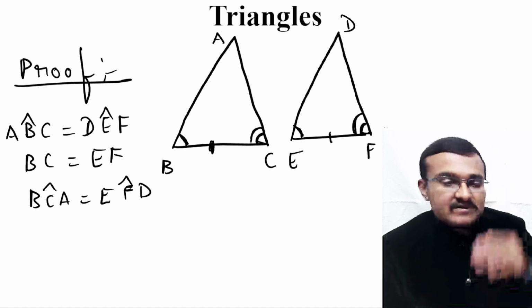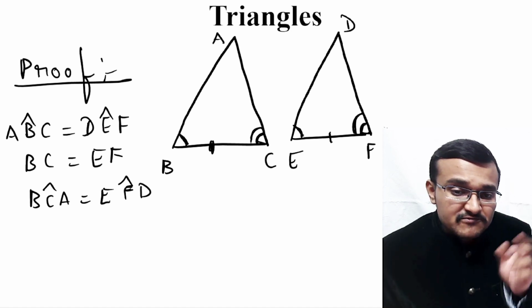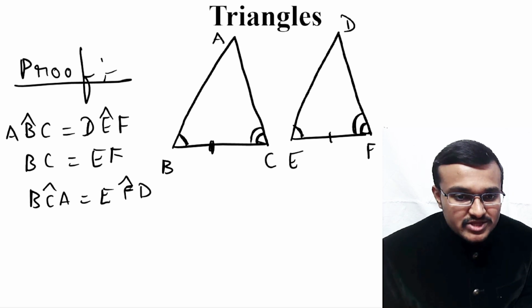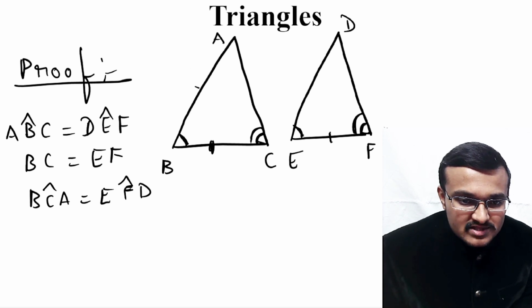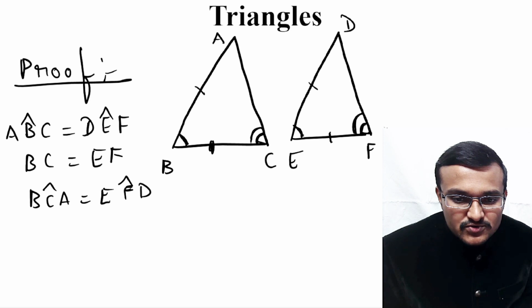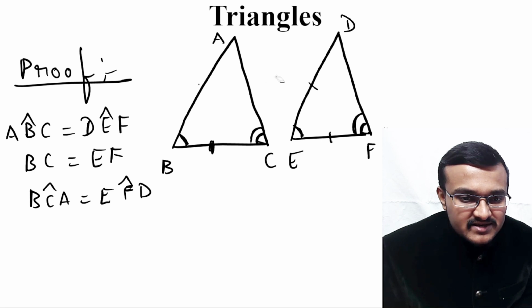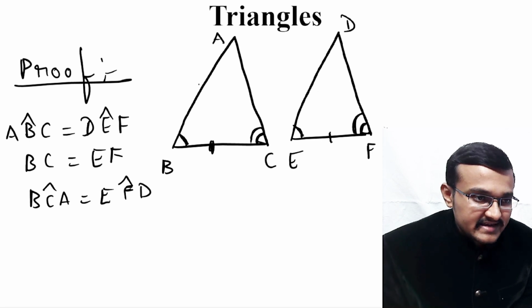Now we have this data. Now we have to prove these two triangles are congruent. In order to do that, we need to prove that AB is equal to DE.